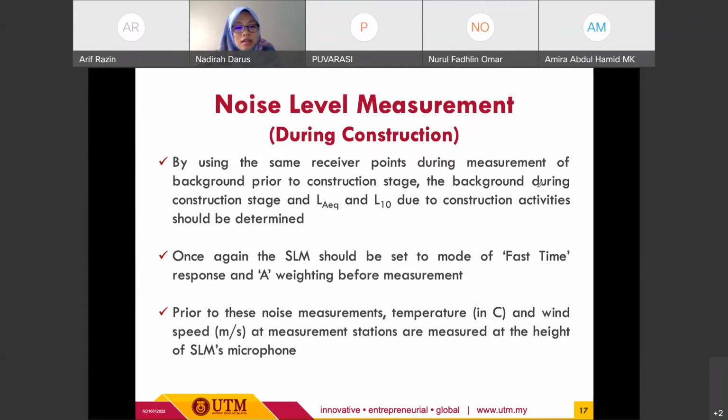And sama juga kalau during the construction, the same setup for the sound level meter, which is using LAF, using the fast response and also A-weighting. Just repeat the same procedure. Kita measure juga the temperature and speed. Cuma dia punya tempoh masa je. The first one prior to the construction, which is during the planning stage, and the other one during the ongoing construction project.